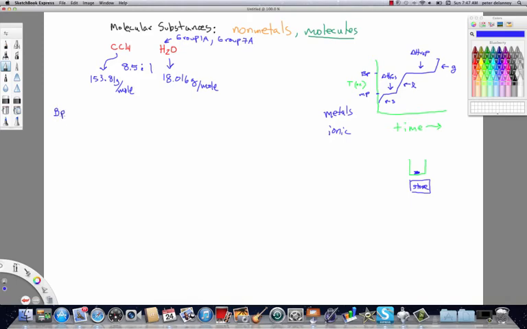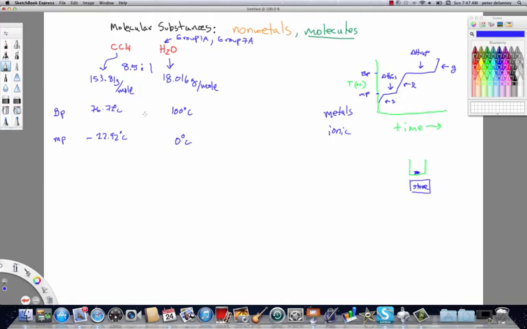if we look at the boiling point and the melting point of the two particles, the boiling point of carbon tetrachloride is 76.72 degrees centigrade, and its melting point is minus 22.92 degrees C. For water, the boiling point is 100, and the melting point is 0.